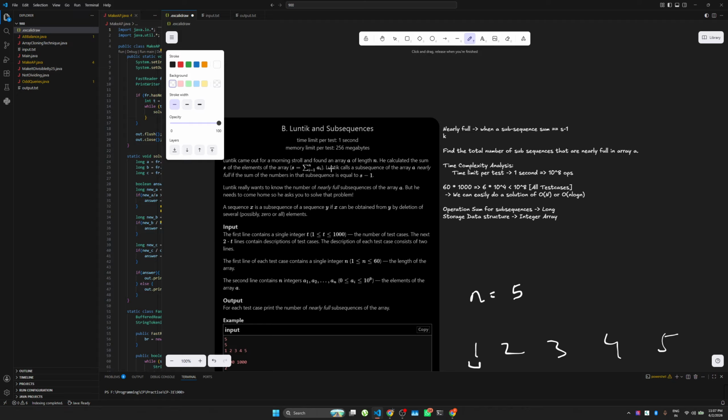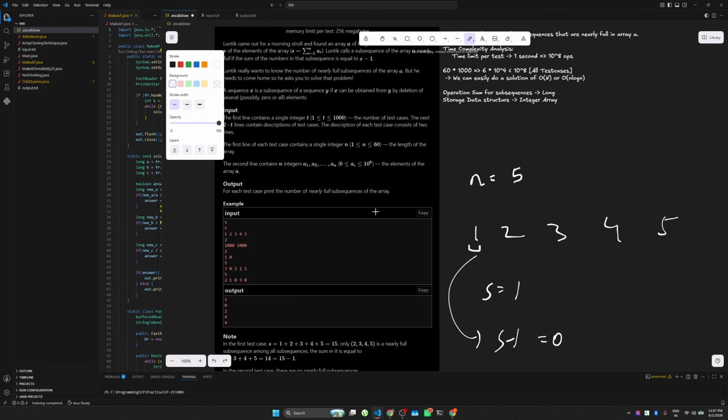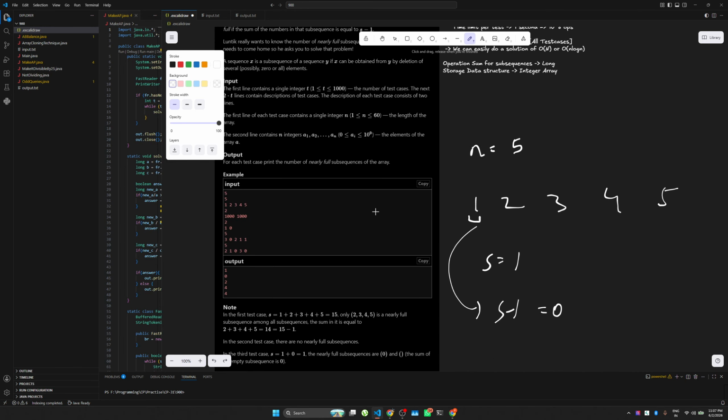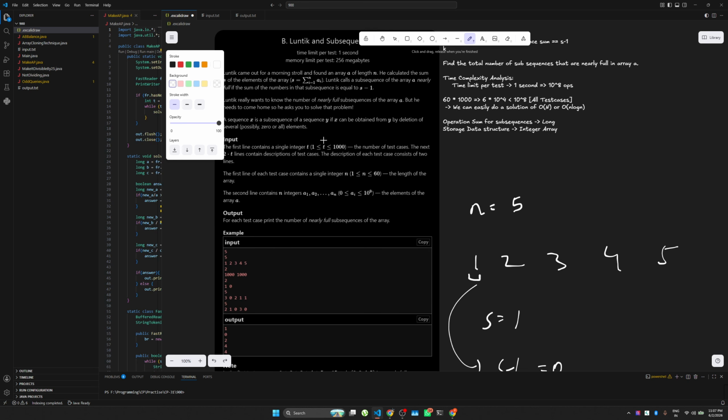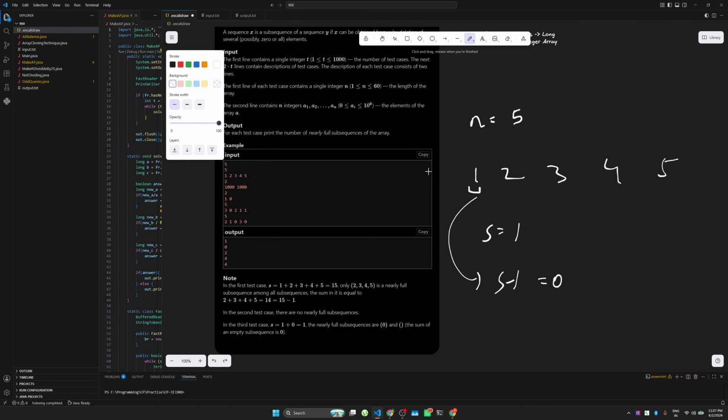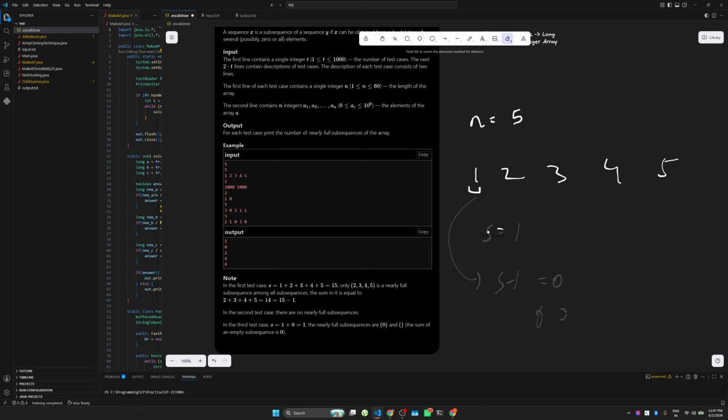Yeah, the sum of the subsequence must be equal to S minus 1. Oh, okay. Yeah, 0 is not equal to 1. That's something very silly, so that is not a good subsequence.